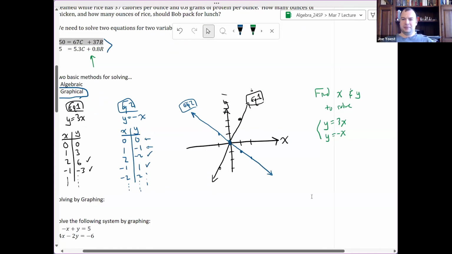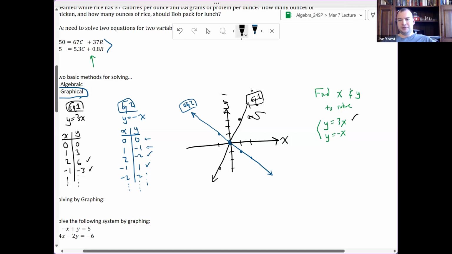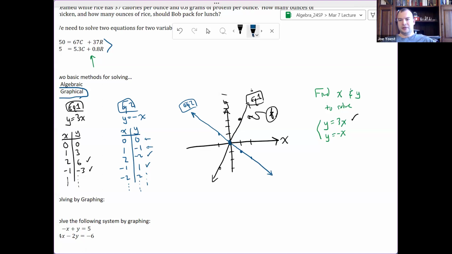So what does that mean? It means that the x, y combination I'm looking for, the ordered pair, has to be a solution to equation 1. It must be on this black line. And it also must be on the line corresponding to y equals negative x. It must be on the blue line as well.